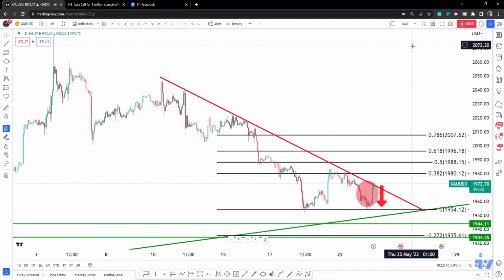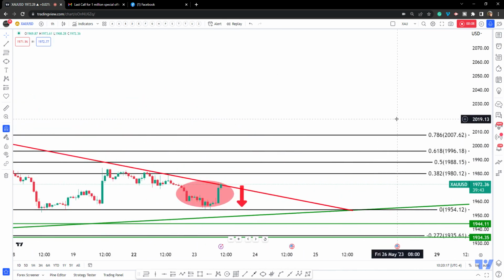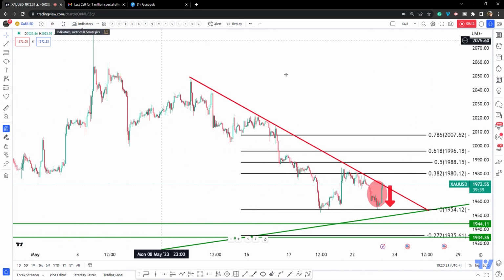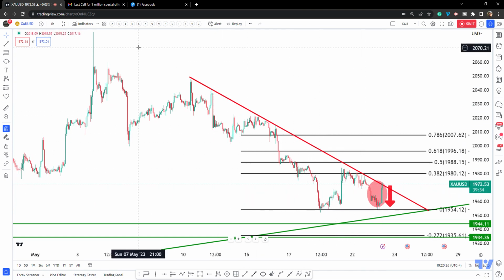With gold, we've come up into a potential resistance area, and the bias remains bearish while on the front side of this bearish trend.